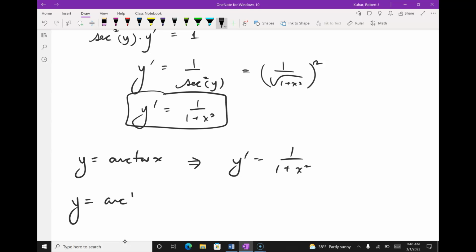Y equals arctan of some function u gives me y prime is 1 over 1 plus u squared times u prime. If the function inside is complicated, I've got to make sure I'm doing the chain rule.